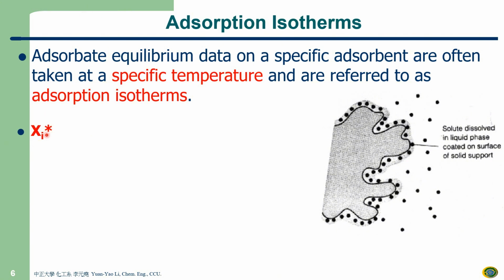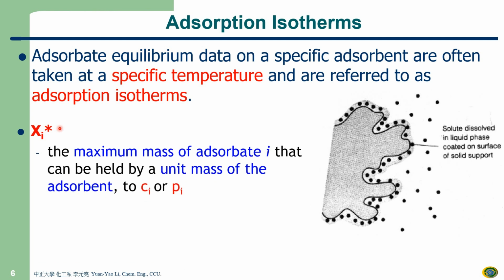Star normally means saturated. It reaches equilibrium, so we call it saturated. So Xi star is the maximum mass of the adsorbate, species i, that can be held by a unit mass of the adsorbent.